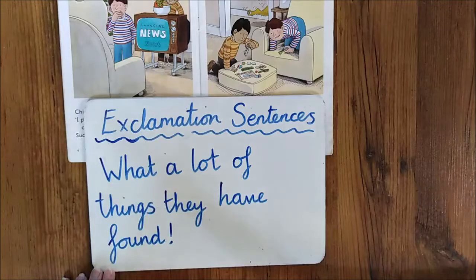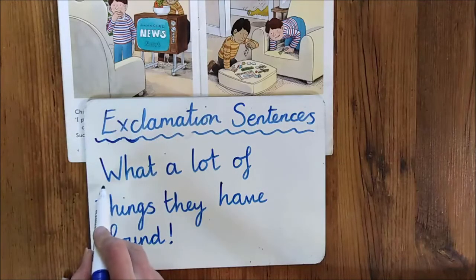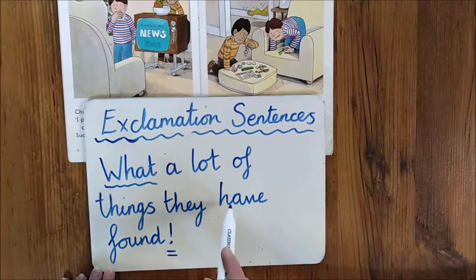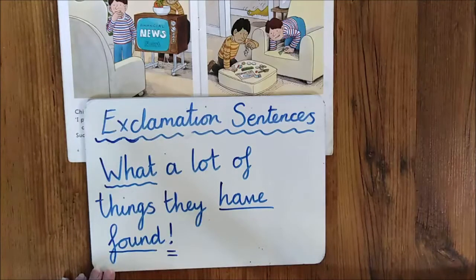What a lot of things they have found. So I know it's an exclamation sentence because it starts with what, ends with an exclamation mark, and it has a verb. Okay, they have found. Have found is the verb in this sentence. What a lot of things they have found.